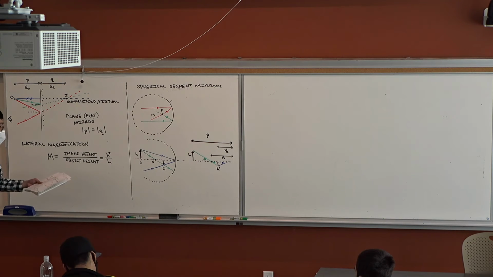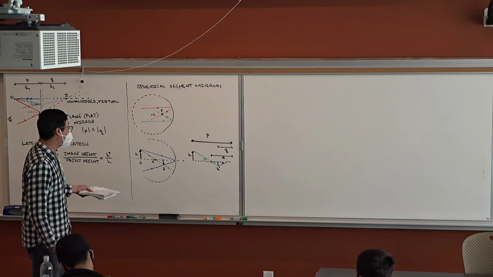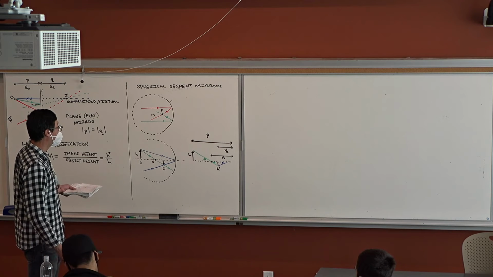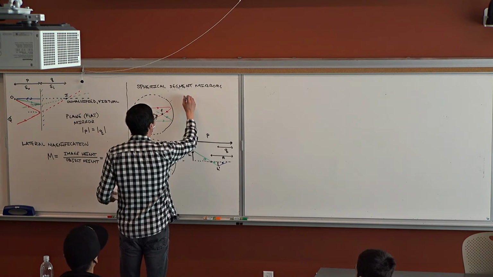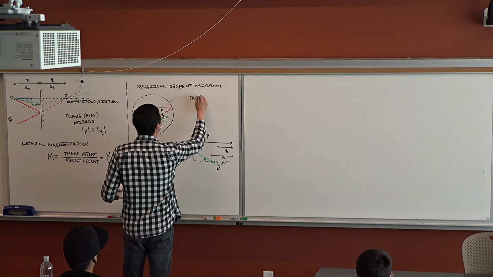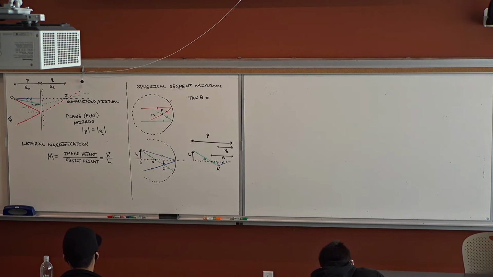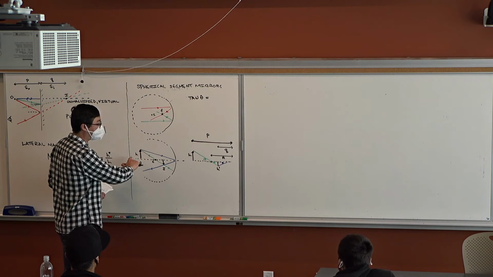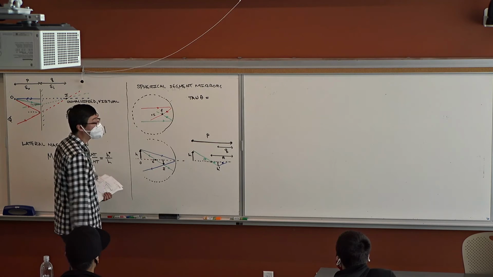So if we had tan of theta, what's it equal to? This isn't entirely fair, because H prime over R. Let's use H and then let's use H prime.